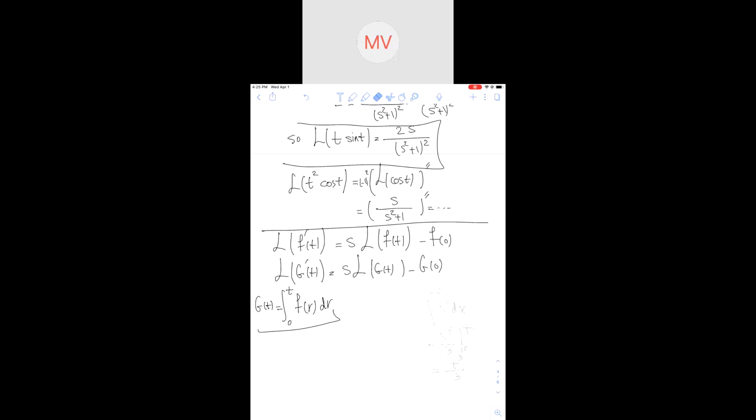Now I have a question for you, and you should remember it from Calc 1. This function is a function of t, and I can differentiate it with respect to t, g prime of t. Anybody know what g prime of t is, from Calc 1?